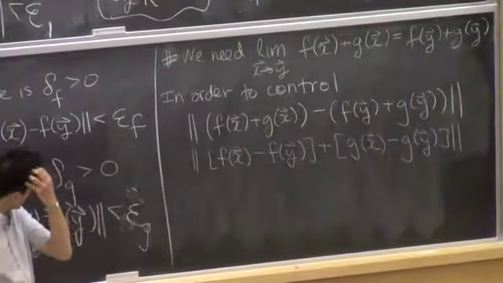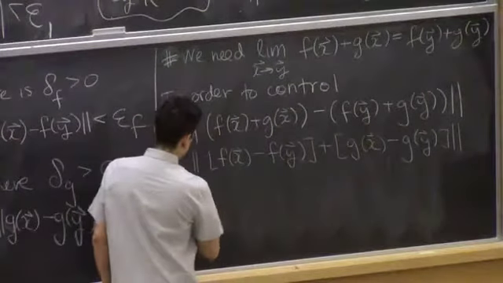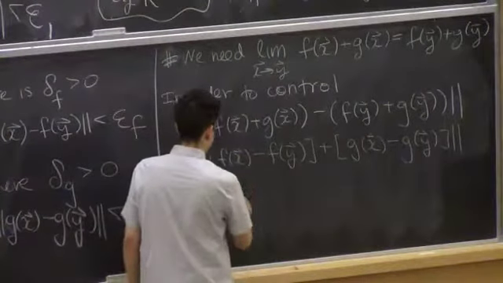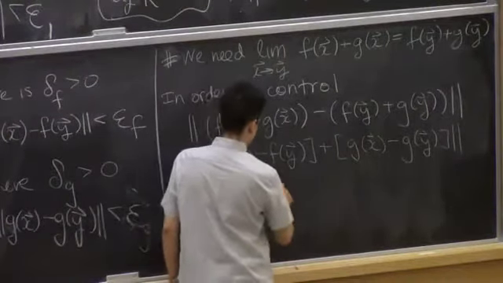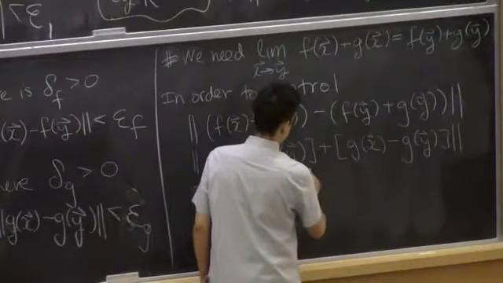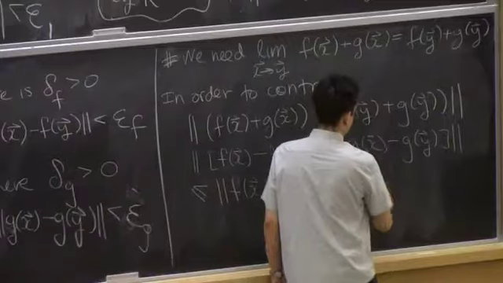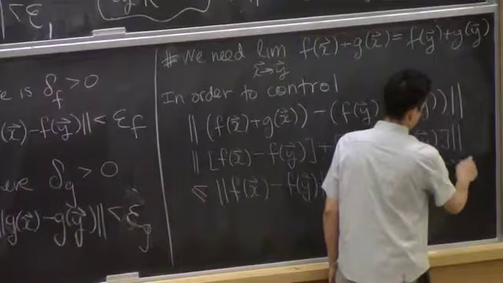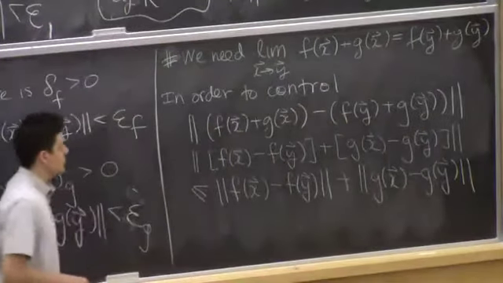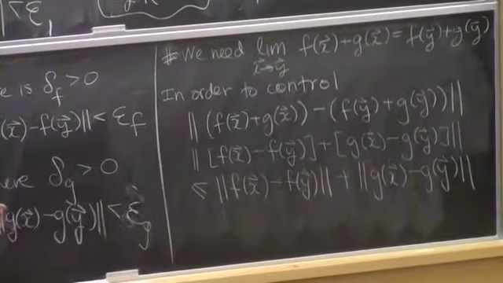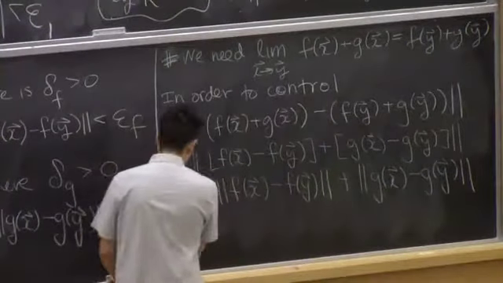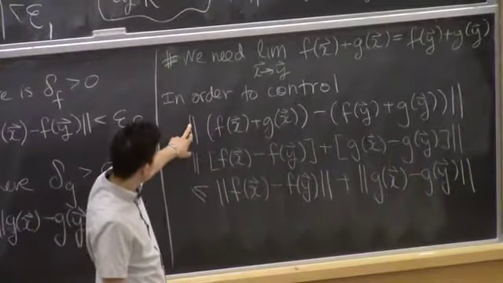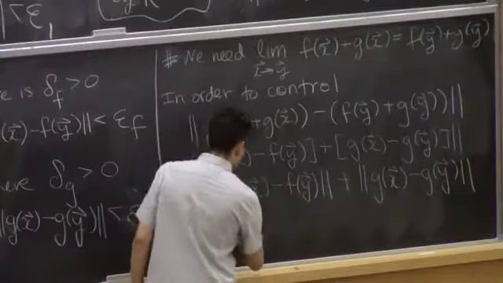So if we've got an absolute value here, we can split it up into two parts. Okay, and now we've got control over both of these. So we want to control this final thing, right? This is what our epsilon delta argument wants. So we can control both of these guys.